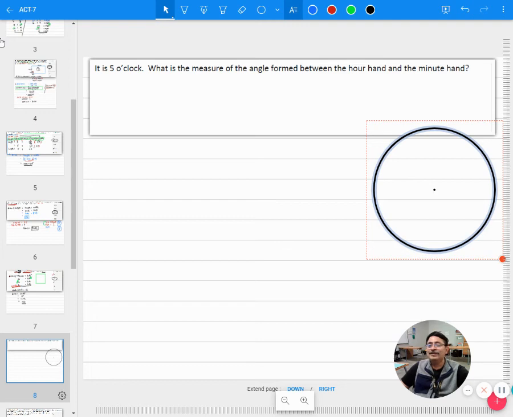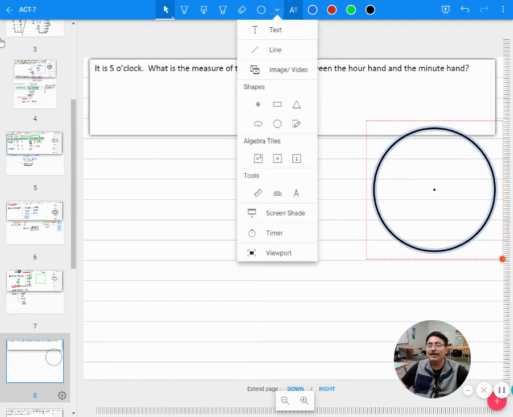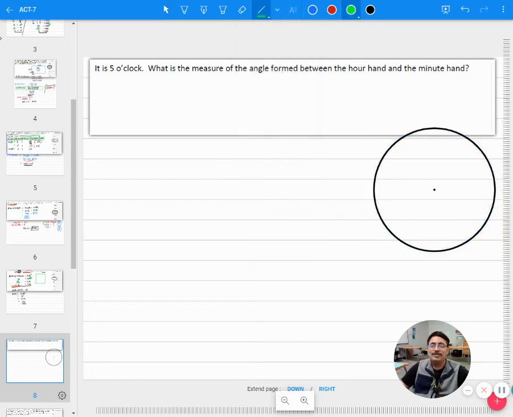Okay, so 5 o'clock means that the minute hand is on 12, and the hour hand is somewhere here. Yes, this is the hour hand.